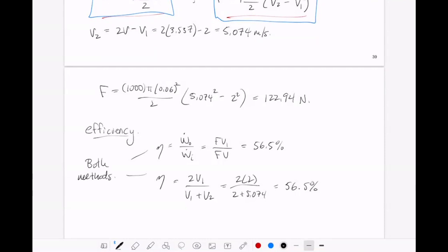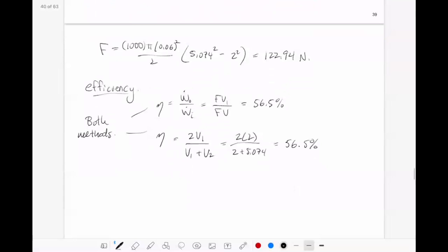So both methods work. So that is a propeller.